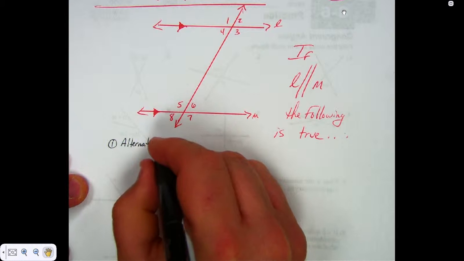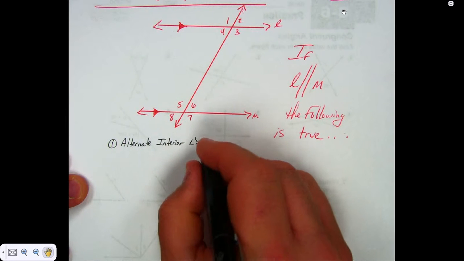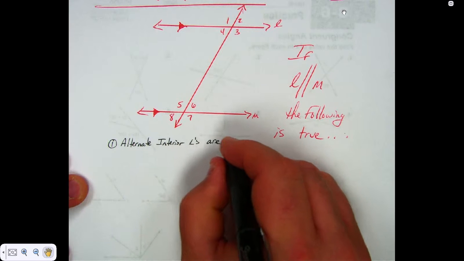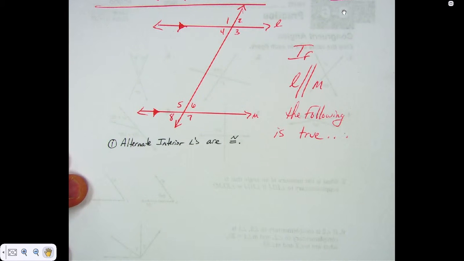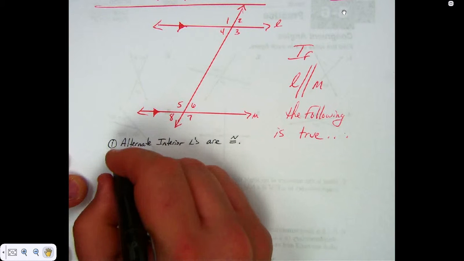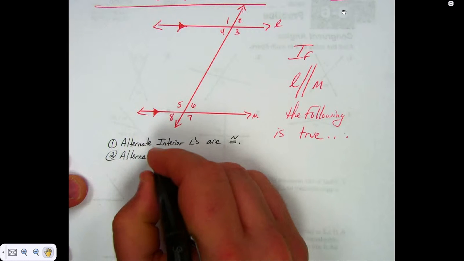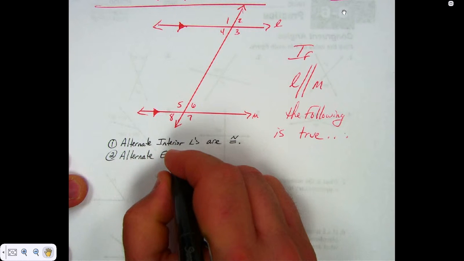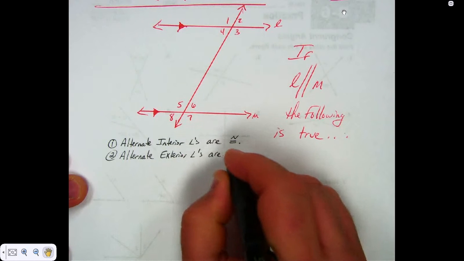One, alternate interior angles are congruent. Two, alternate exterior angles are congruent.